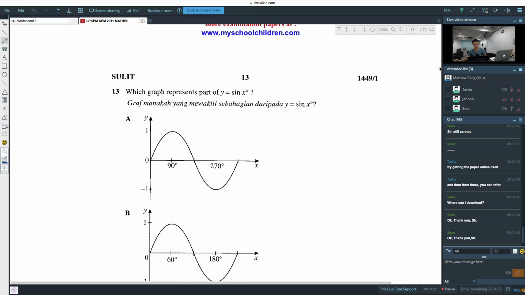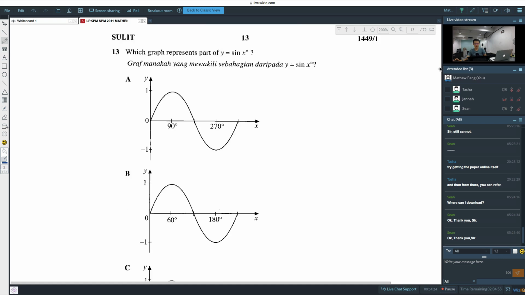Which graph actually represents sine x? So if you have a look at sine x from your textbook or anything, something you have to pay attention to is the angle on the x-axis, because the sine graph basically looks like this.